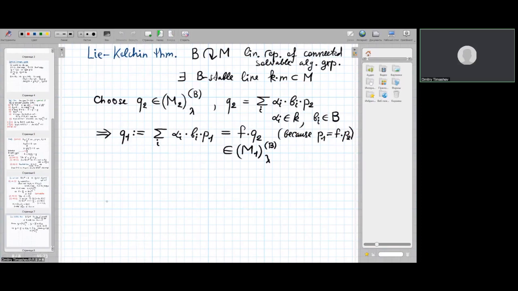And since we have found that the Qi's are highest weight vectors in G-submodules spanned by these highest weight vectors, a G-submodule, say Ni, is a linear span of the G orbit of Qi.